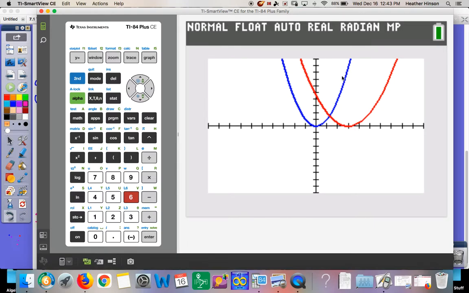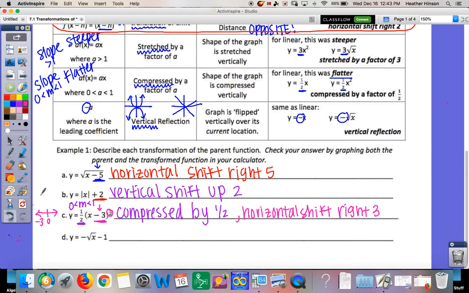That's a little bit harder to tell on these graphs, but you can definitely see your shift. It moved over 1, 2, 3 spots to the right. So we know we're right. It compressed, it got smaller by 1/2, and it was a horizontal shift right 3.